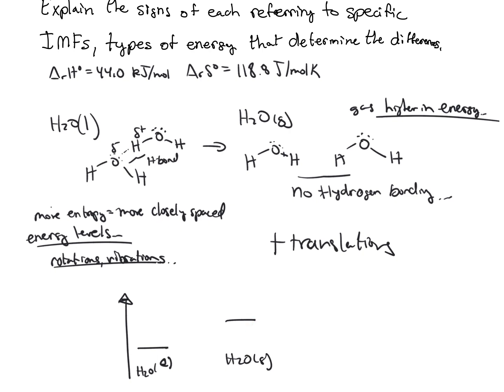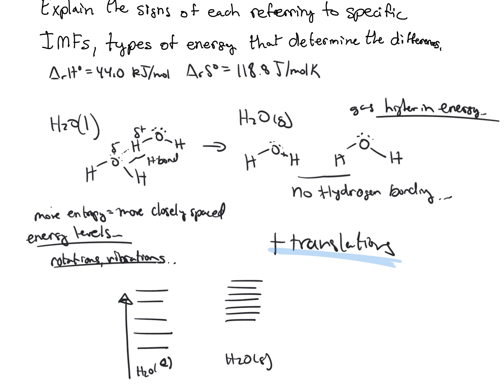Now, when I think about the more closely spaced energy levels, that's going to come down to the translations in H2O gas, making it have much more closely spaced levels. So adding that to our picture, we're going to have something that looks like this. Very closely spaced energy levels in the gas, and energy levels farther apart in the liquid.